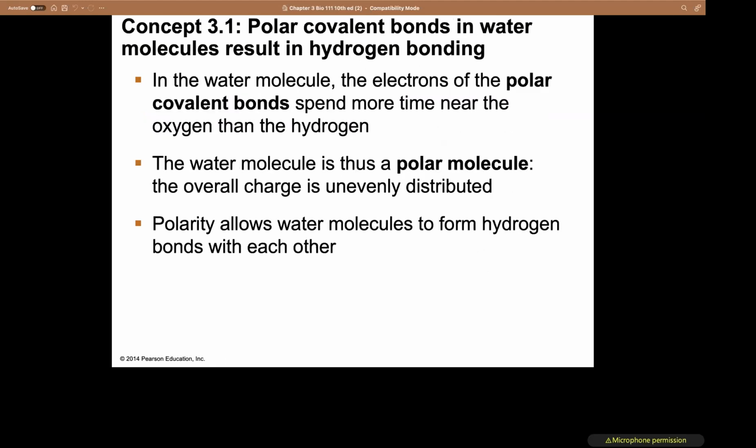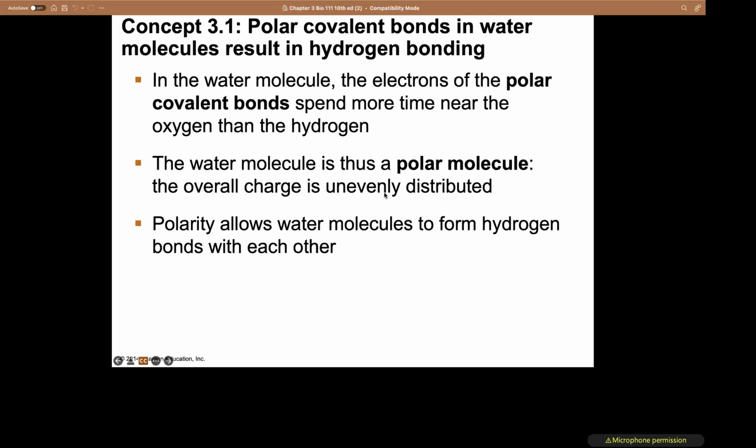If you recall the previous chapter, the water molecule is going to form polar covalent bonds. That's because the electrons within the water molecule have a greater affinity to hang out closer to the oxygen atom instead of the hydrogen atom. Because the electrons like to scoot closer to the oxygen atom, that causes an unequal distribution of electrons.